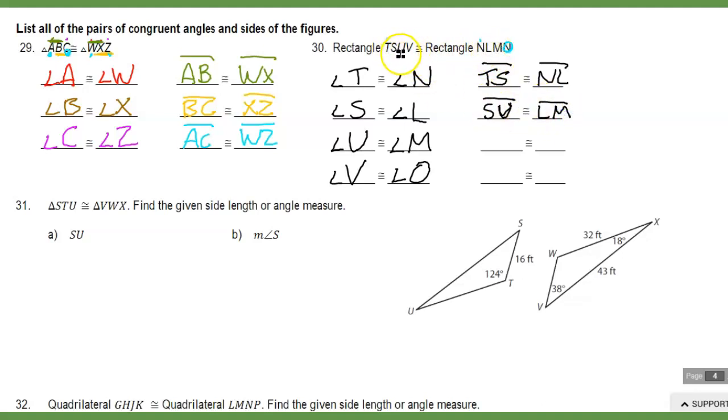And the last two, UV, is congruent to MO. And then the first and the last, TV, is congruent to NO. Okay, good.